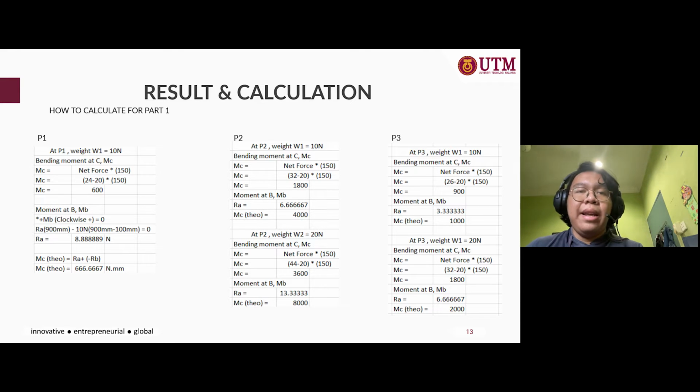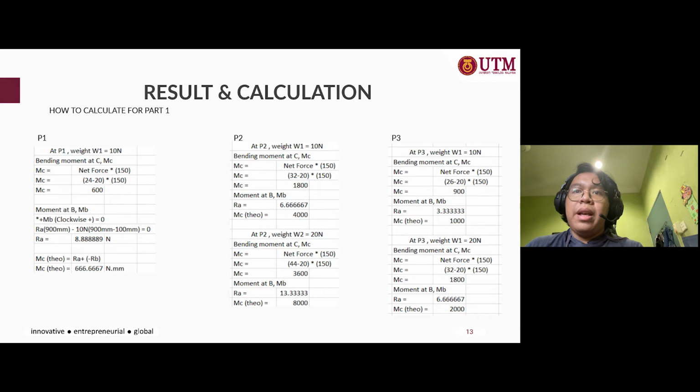So from there we can get RA. RA would be 8.889 Newton. So from there we could also get MC theoretically, which will be around 666.67.